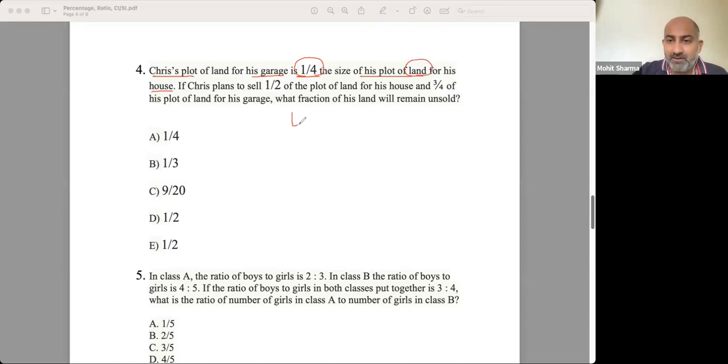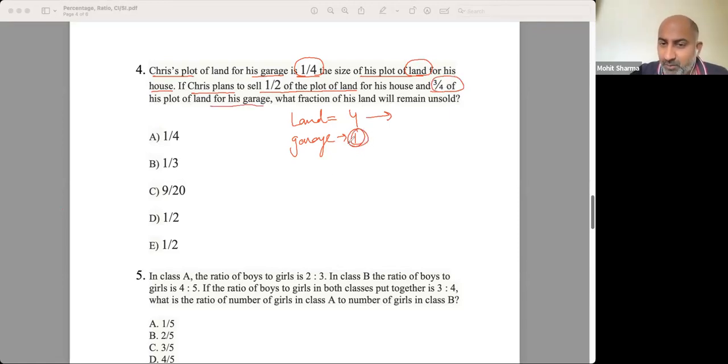Let's say the land is 4, then the garage would be 1 in such a situation. Now further, Chris plans to sell half of the plot of land, so half of this would be sold, and 3/4 of the garage would be sold.